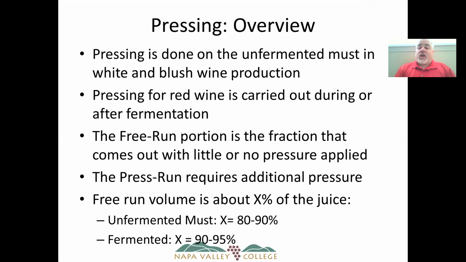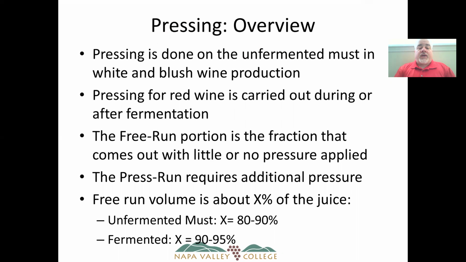And that press run, because you're squeezing the skins and pulp and seeds, you're getting more of those varietal characters, the chemicals that are characteristic of the variety of grape you're pressing. You're getting more of those phenolics in particular. And if you overdo it, you're getting too much of the catechins out of the seeds, and you end up with something that's really bitter.